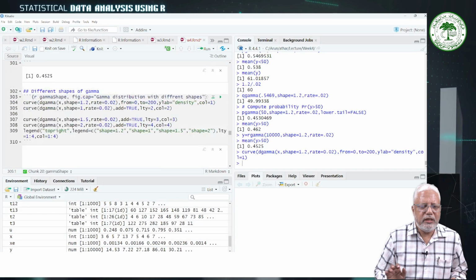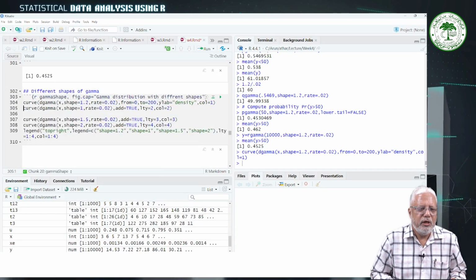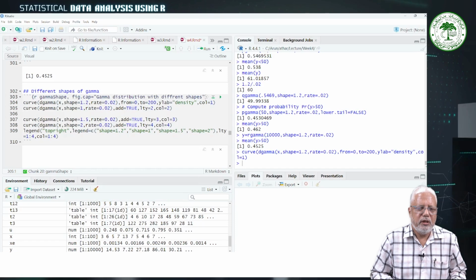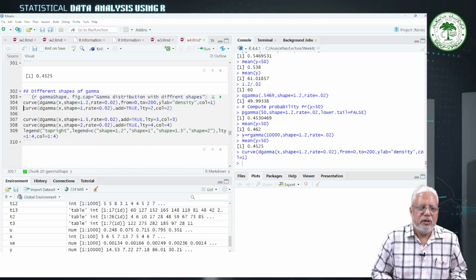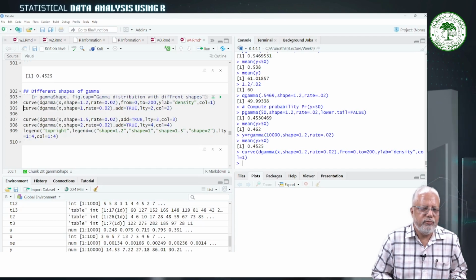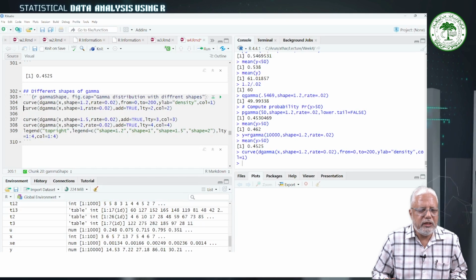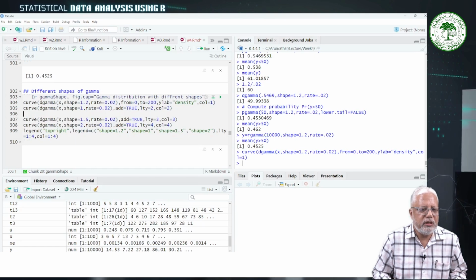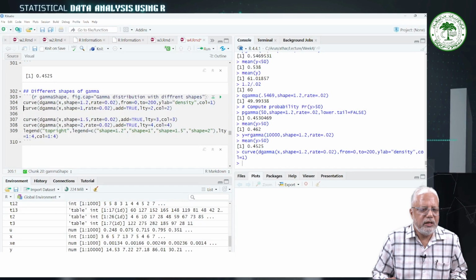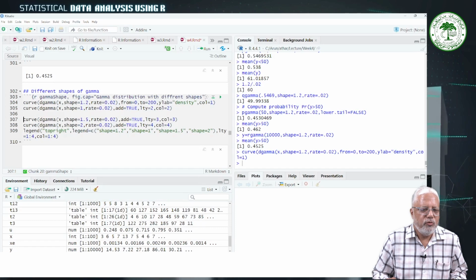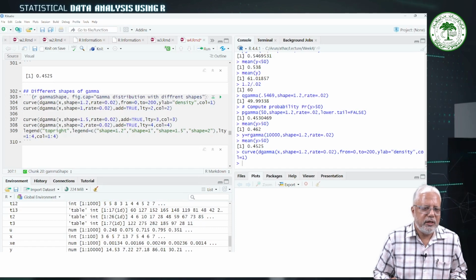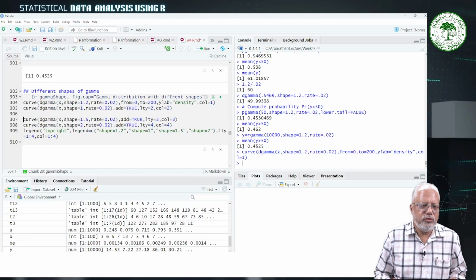If we keep the rate the same, 0.02, but our shape is 1, so with shape is equal to 1, it converts to the exponential distribution. So if we generate this, it will give the exponential curve. Whereas here, curve(dgamma(x, shape is equal to 1.5, instead of 1.2.